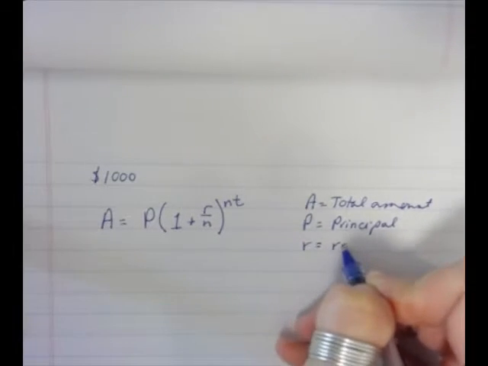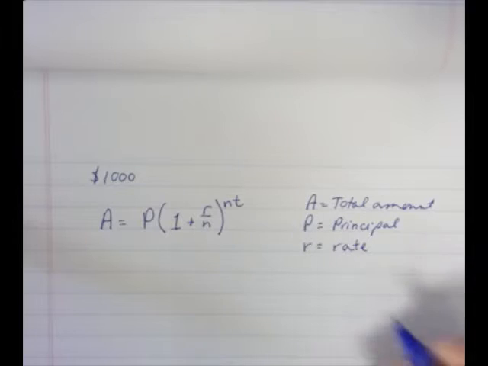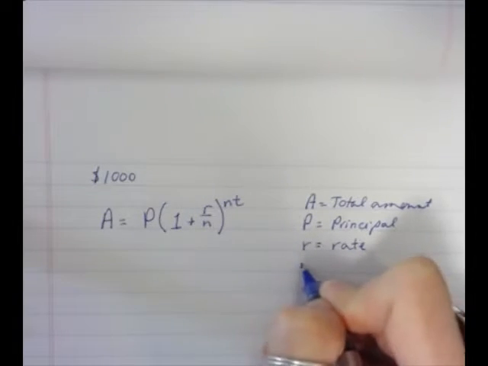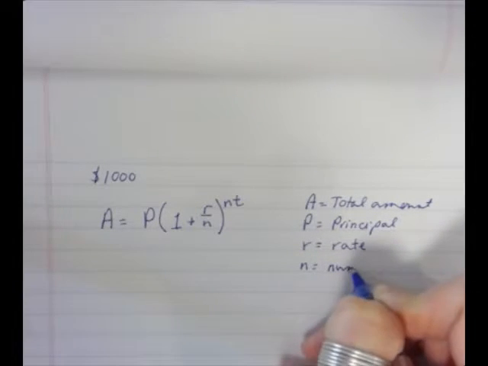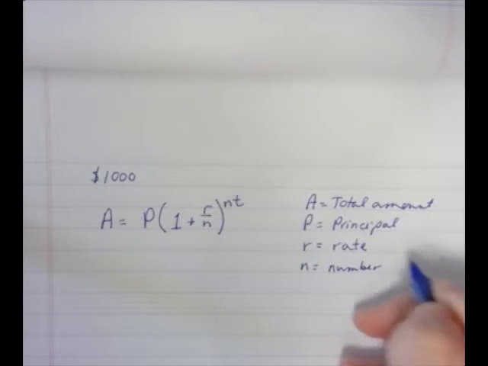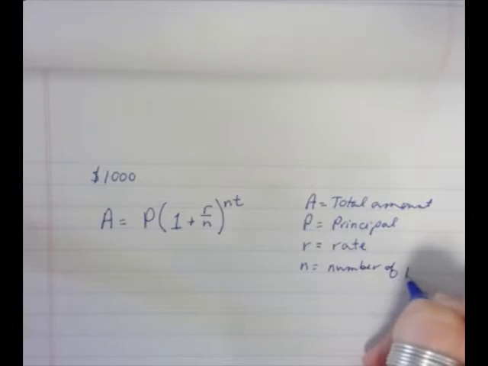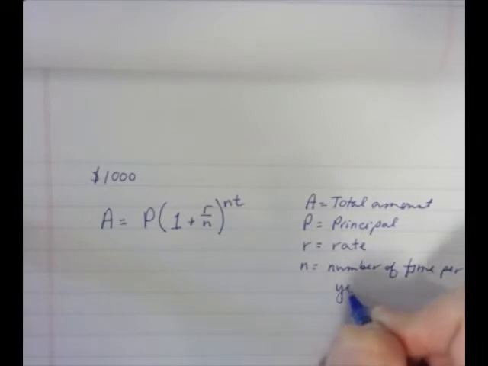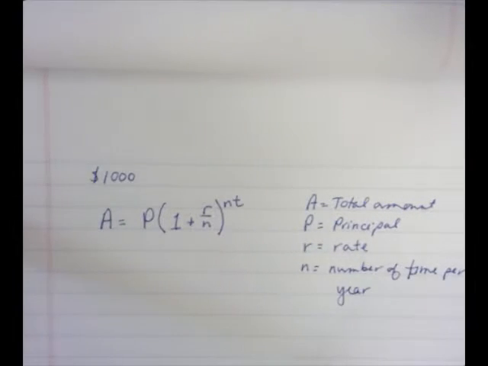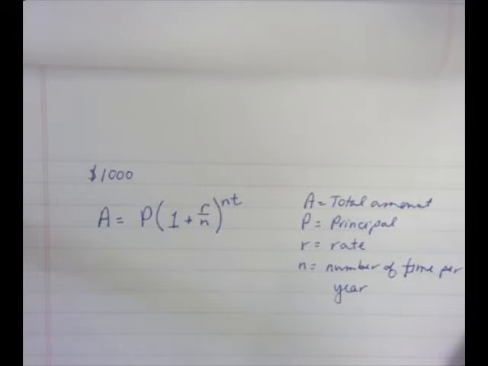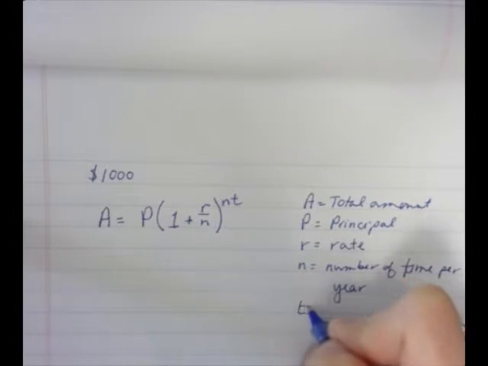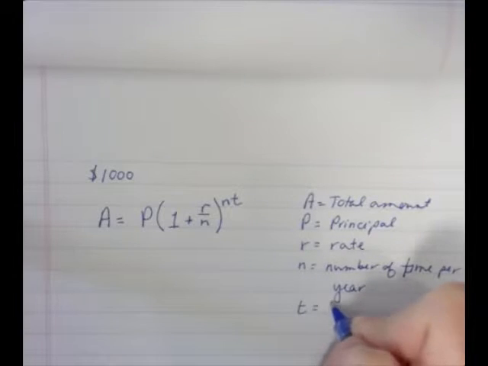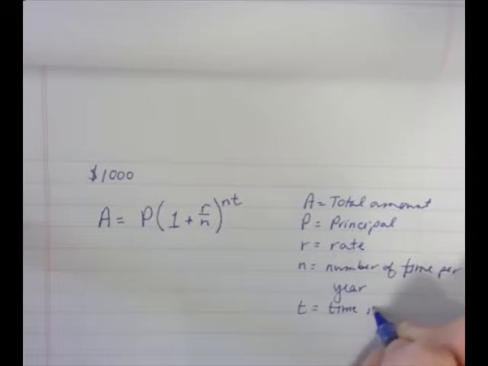R, of course, is the rate. N is the number of times per year that the money is being compounded, and I'm going to explain that in a second. But I still have to give you T. T is the time in years.